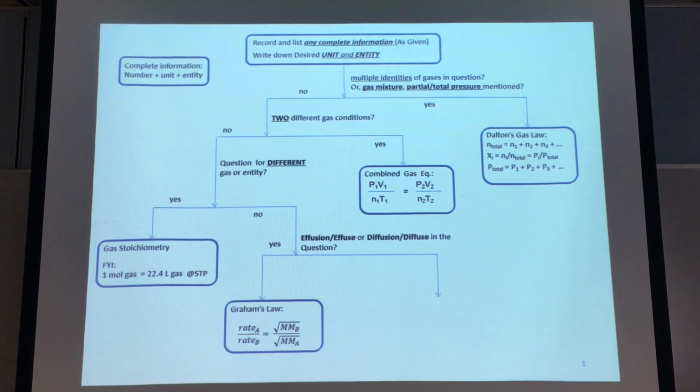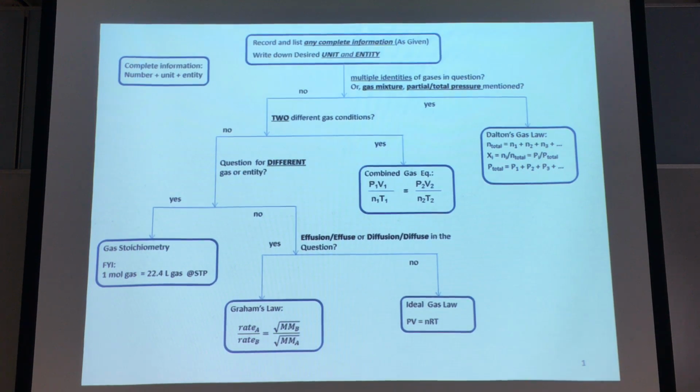If the answer to those questions is no, it is an ideal gas law problem, which is PV equals nRT. So as we can see, there are 5 different equations or sets of equations. So we need to go one step at a time, asking ourselves keyword questions or about multiple identities, so that we can determine which equation or which procedure we are going to use.